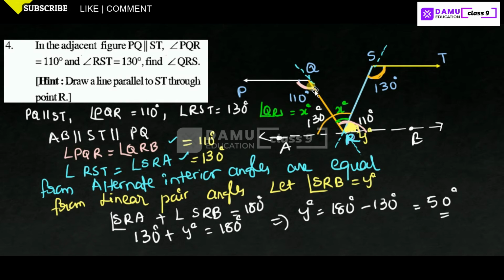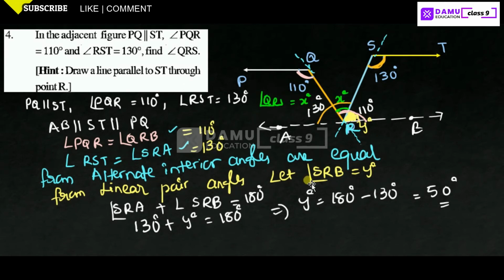So from 50 degrees, from both of these angles, 180 degrees is there, and from there we have to calculate. Angle QRB will be equal to angle QRS plus angle SRB.